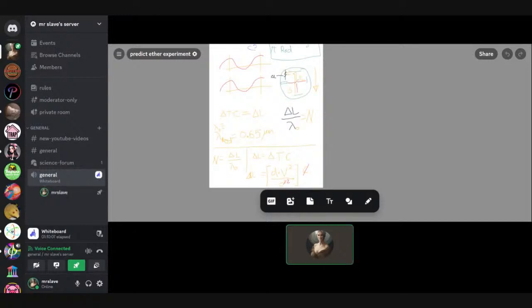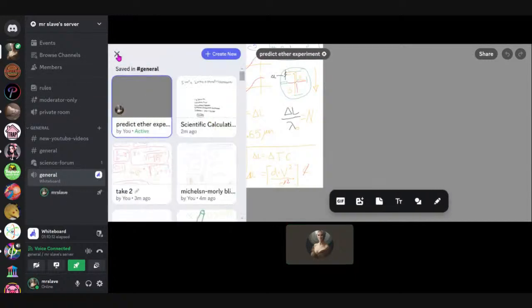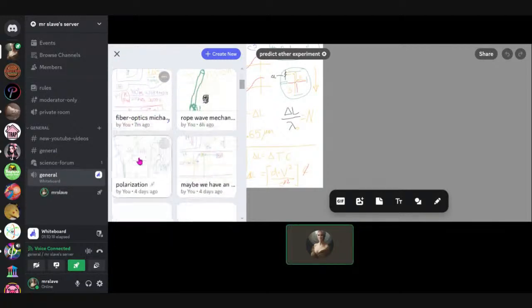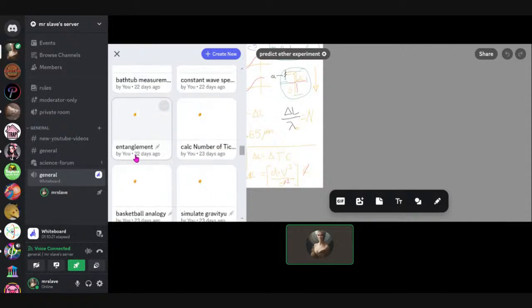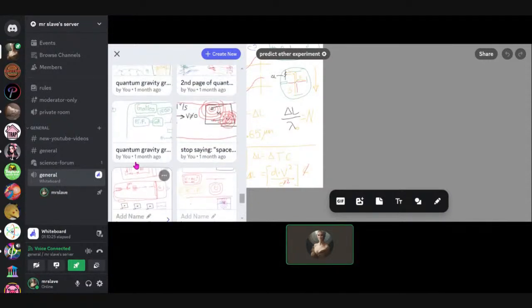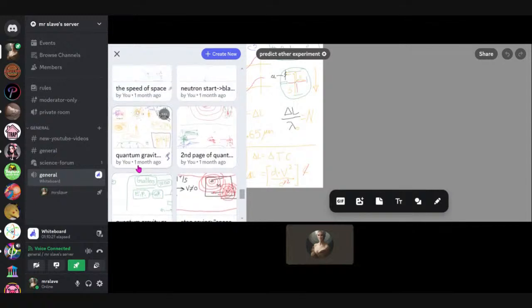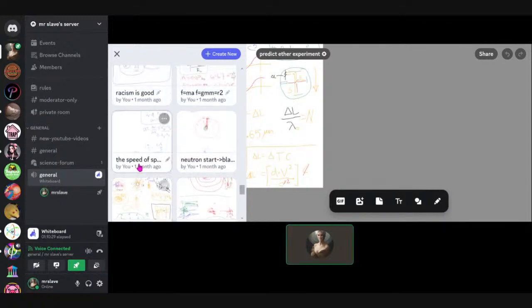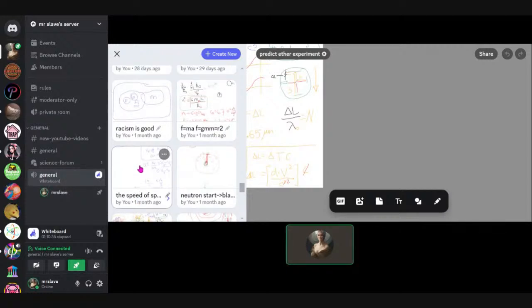I need the next page, predict ether experiment. But every time we pick it up, it goes to the back. Predict the ether experiment. Where did this one come from? Quantum, the speed of space. Could be the speed of space.